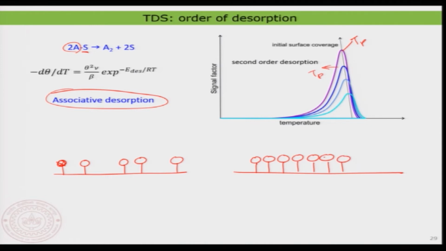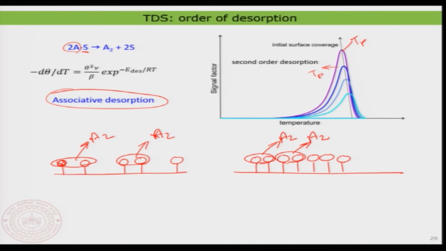Now, the point is, in this particular case, since the desorption is associative in nature, when you increase the temperature, the atoms start to pair up and they get released as A2. So, here atoms start to pair up, and when they get released, they are desorbed as A2.